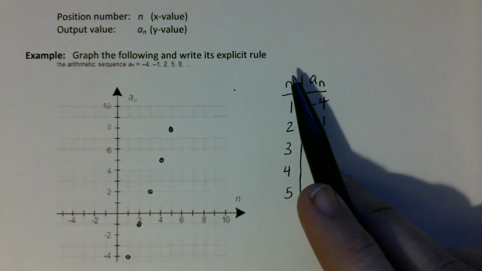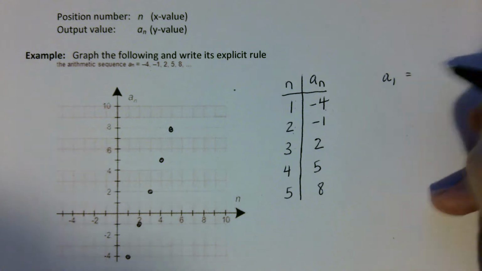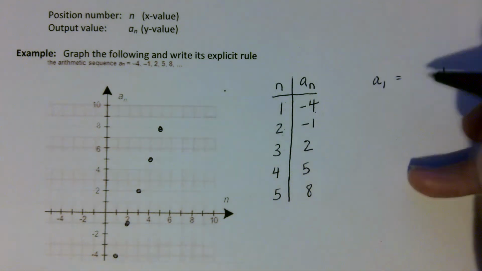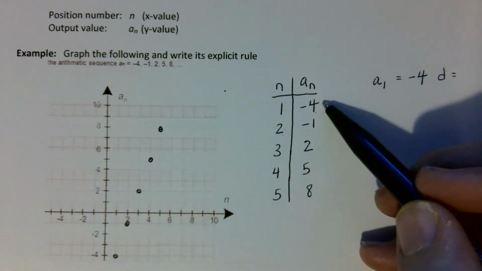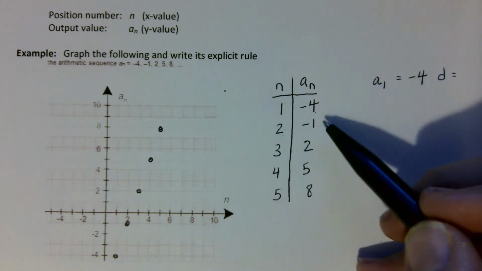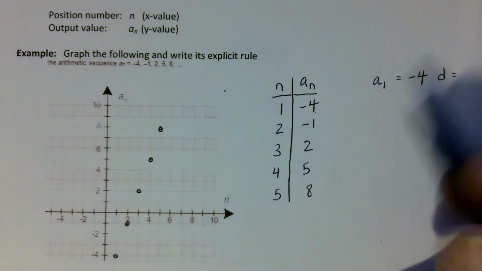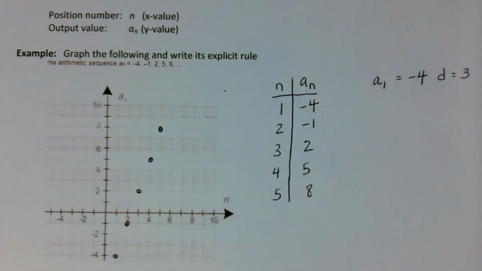Remember, to write our explicit rule, we need two things: our first term and our common difference. Our first term was -4. For the common difference, what does it take to go from -4 to -1, -1 to 2, 2 to 5, and so on? You can see pretty clearly our common difference is 3.